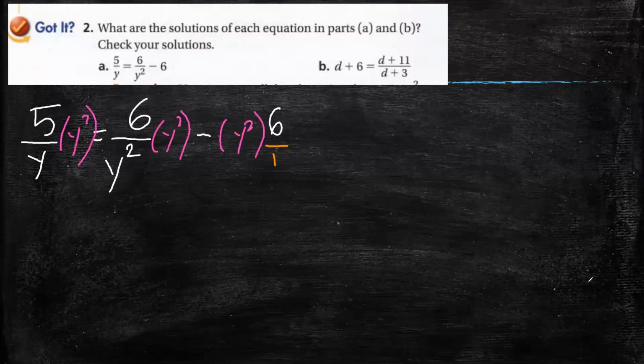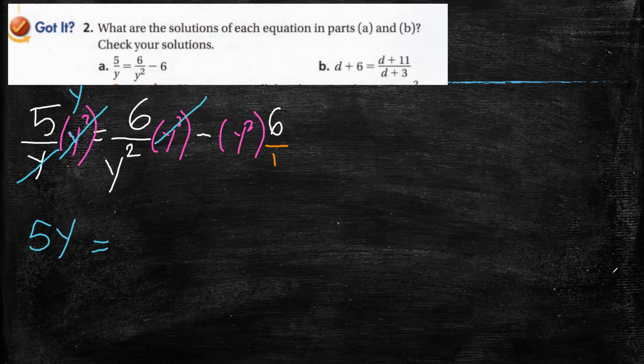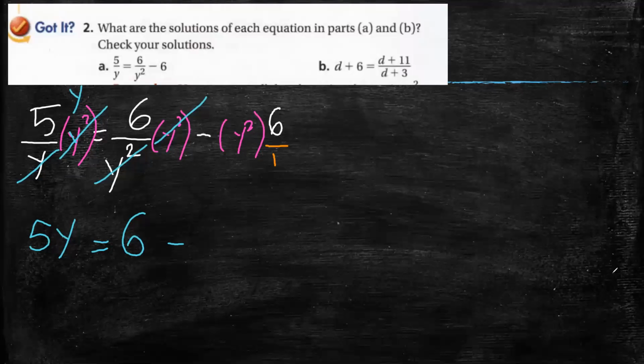Then y times y squared, cancel y in 5 over y, so it will be 5y. Equal: y squared cancels y squared, so it's equal to 6 minus y squared times 6, which is 6y squared.